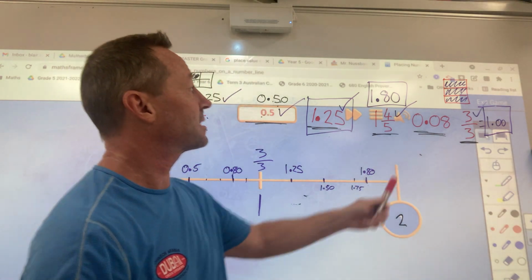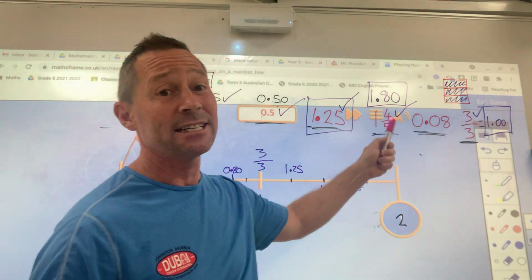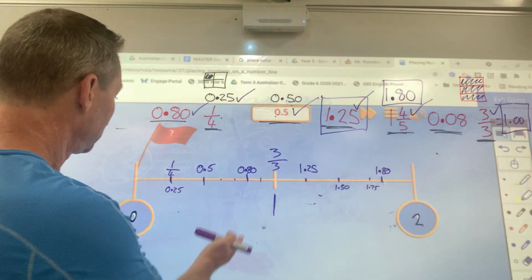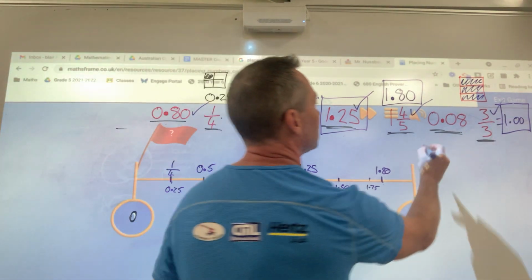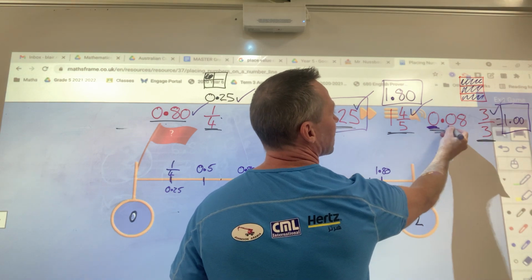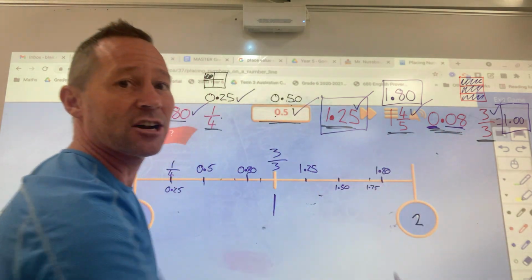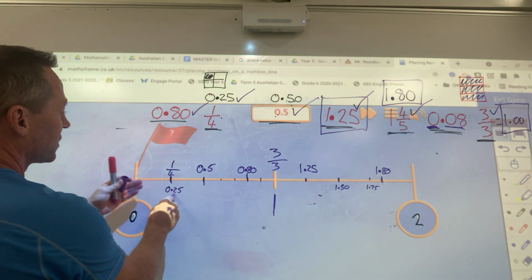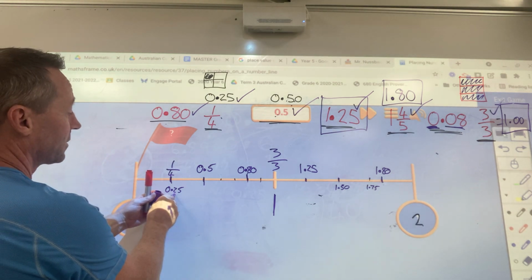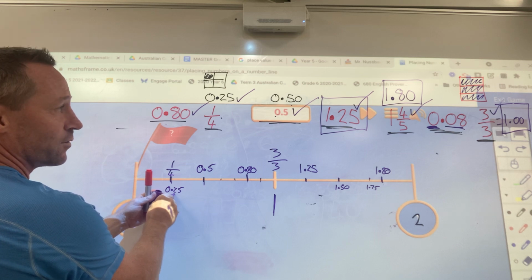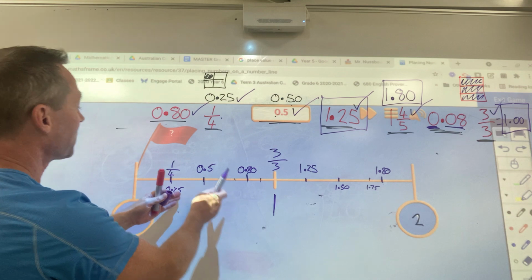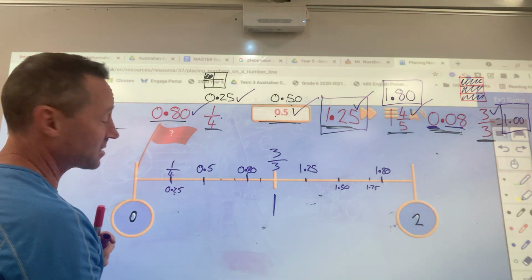Which brings us to 0.08. So the 0, there's no whole numbers, no ones, and it's telling me there's 8 out of 100. So this is the part where I can see here I've got 0.25. So if that's 0.25, 0.08 is going to be before it, but whereabouts?